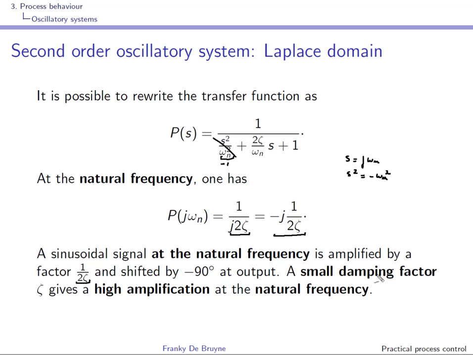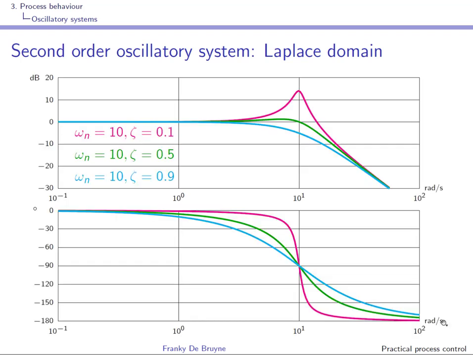So a small damping factor will result in a high amplification, right? But whatever the zeta, you can see that the phase shift is minus 90 degrees. And this is indeed what we see.